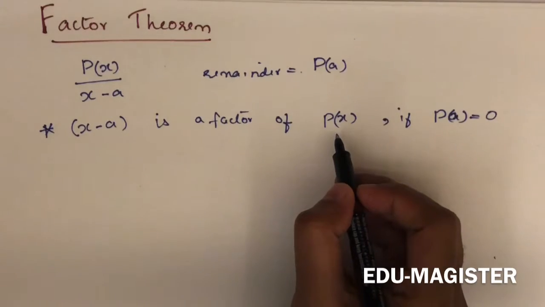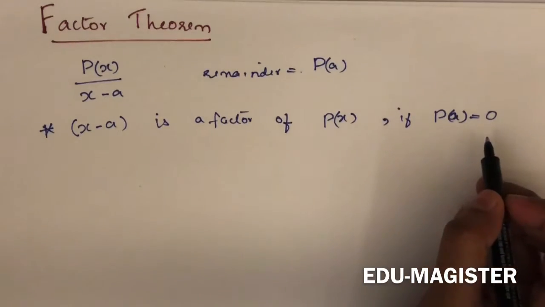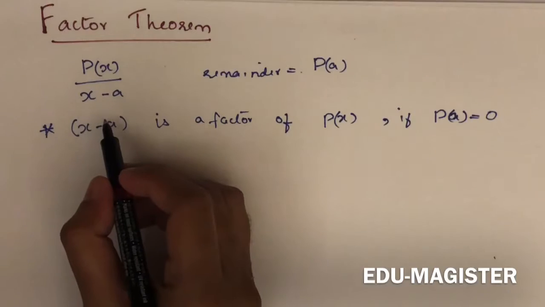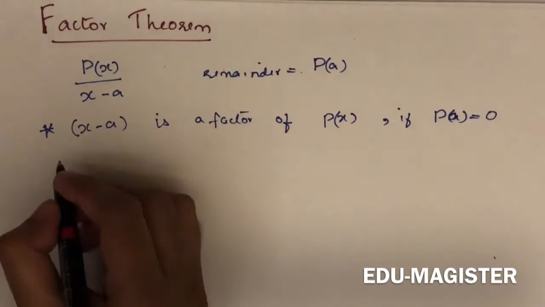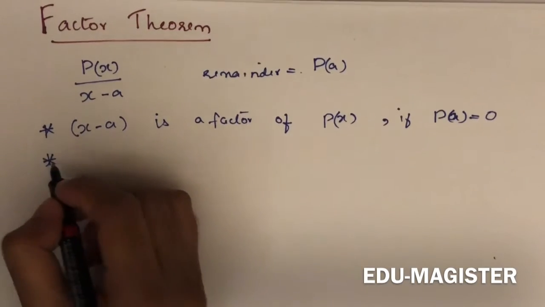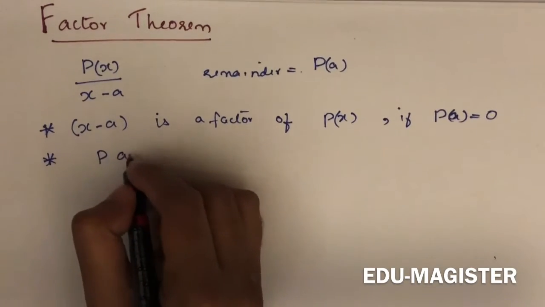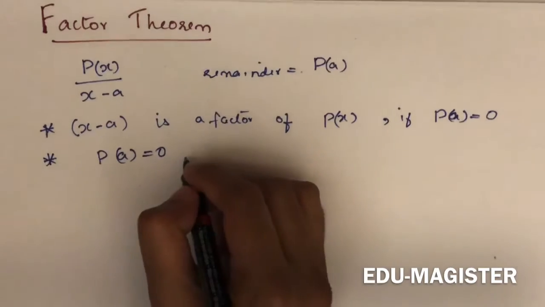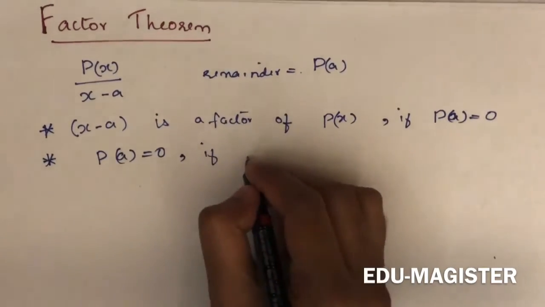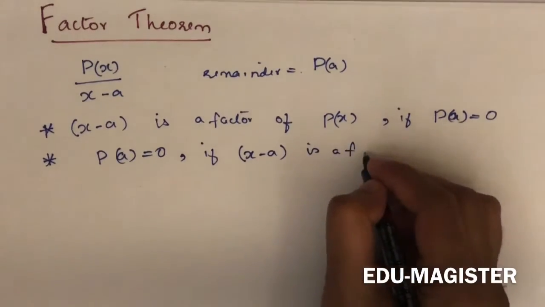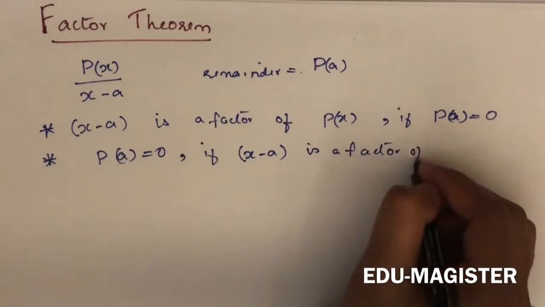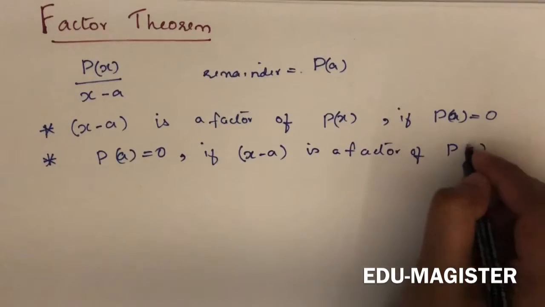It makes sense, right? When the remainder is 0, that means x minus a is a factor of p of x. Or I can rewrite this as p of a is equal to 0 if x minus a is a factor of p of x.